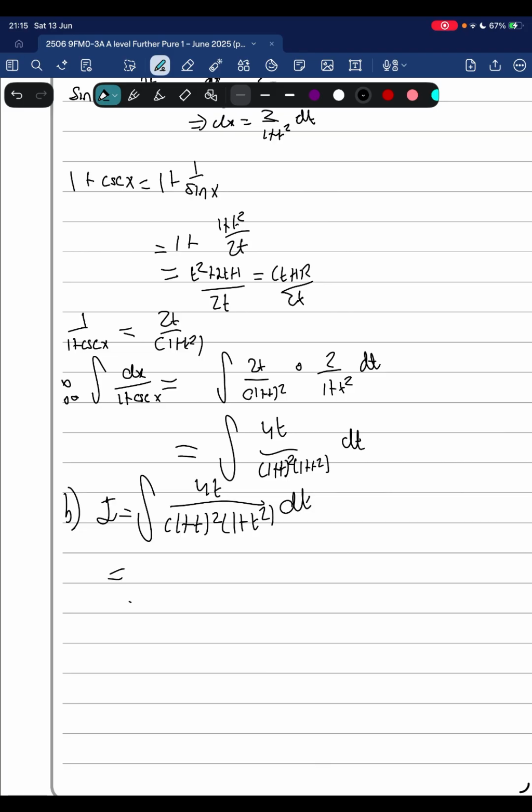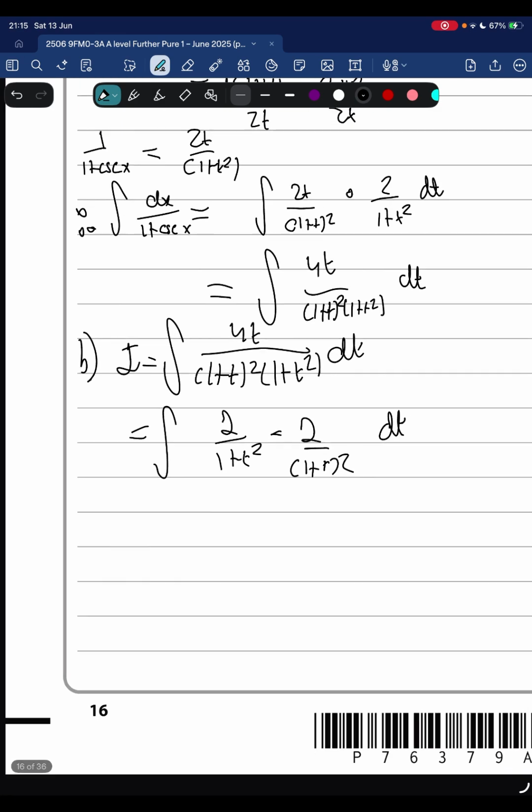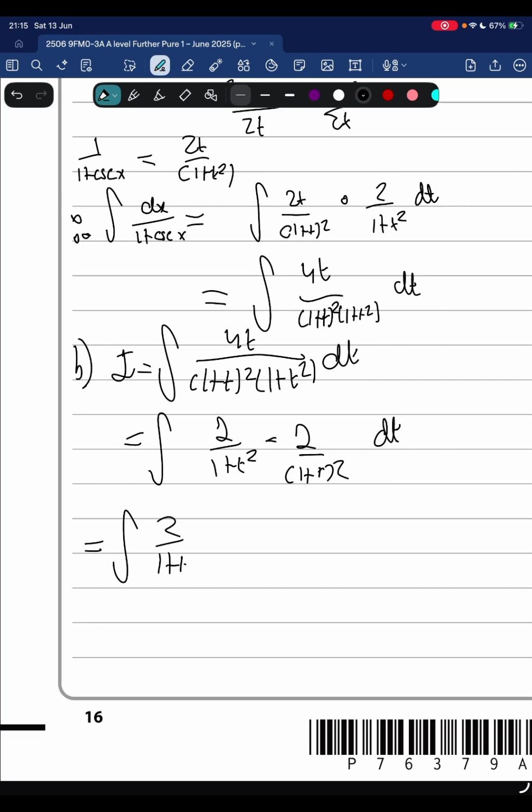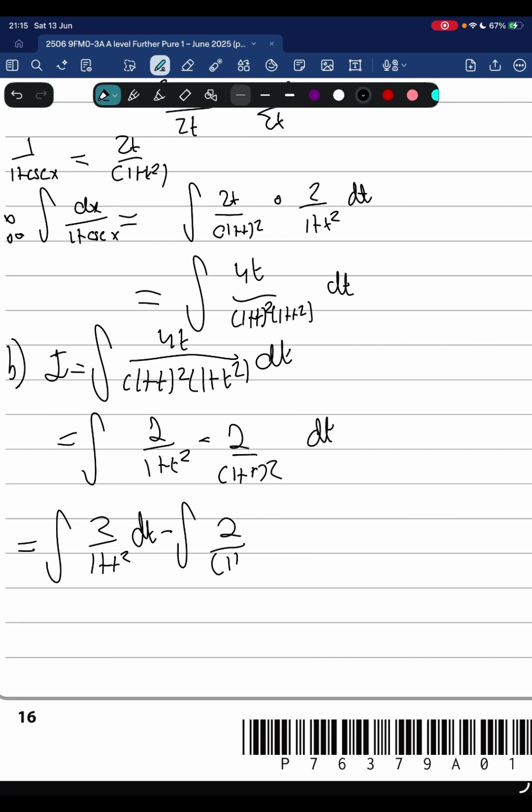So we're going to get the integral of 2 over 1 plus t squared minus 2 over (1 plus t) all squared dt. And now we want to evaluate both of these separately, so the integral of 2 over 1 plus t squared dt minus the integral of 2 over (1 plus t) all squared. So this first one is simple. It's just arctan, right?